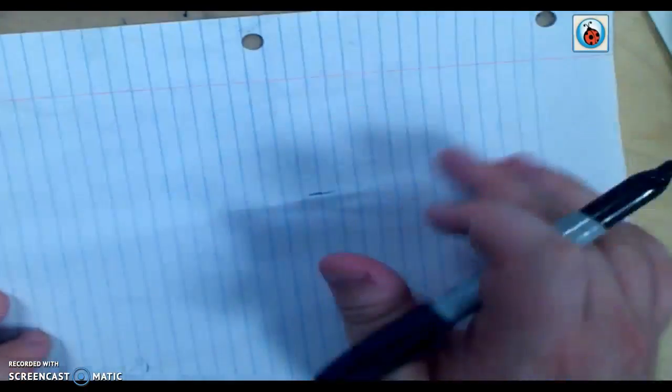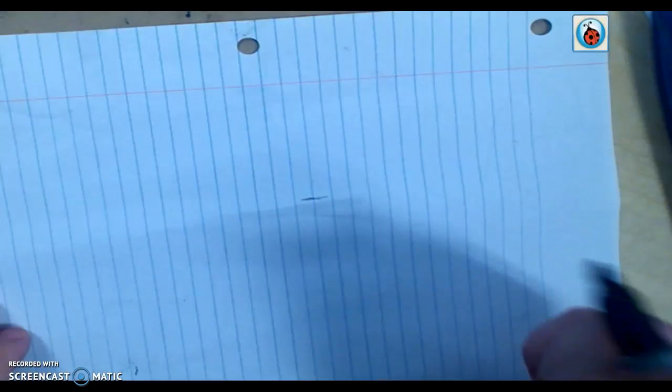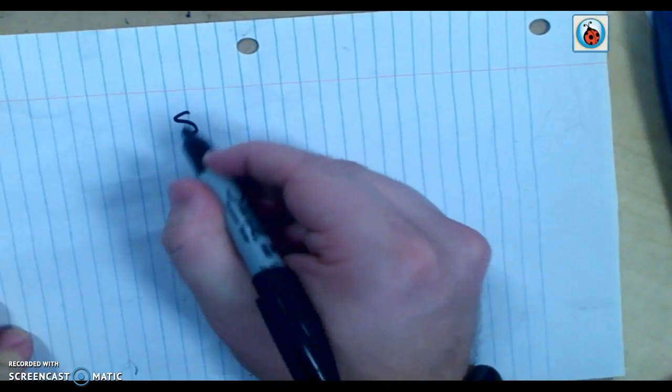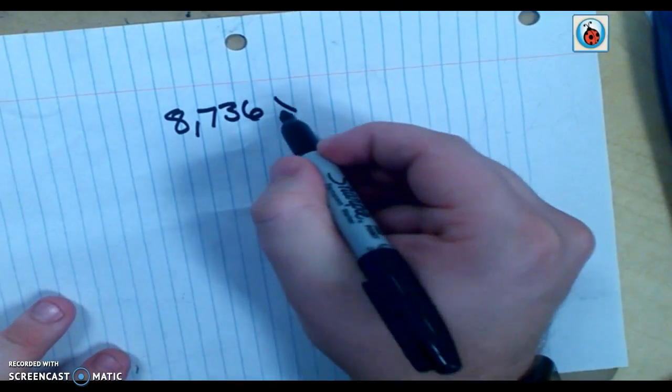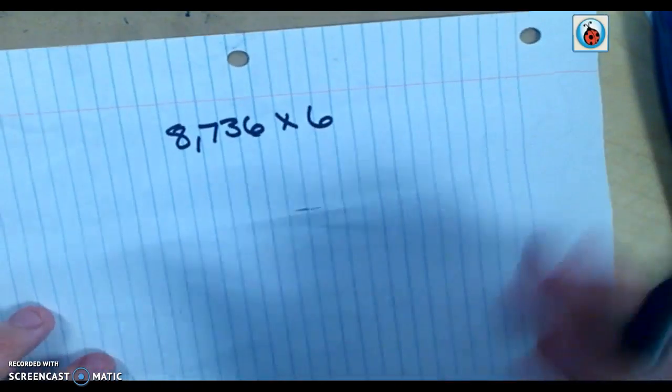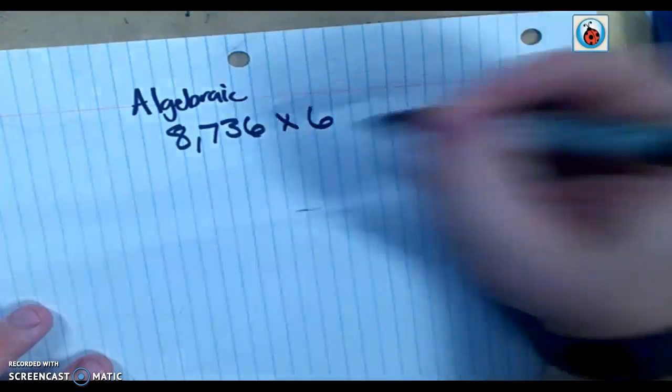All right, the last strategy is the algebraic method, and I will do that for Thursday's homework, 8,736 times 6. So with the algebraic notation, what you're really doing is you're not writing the equations out as much.